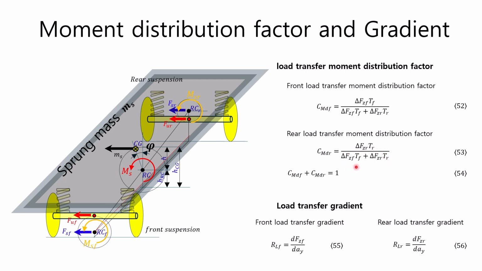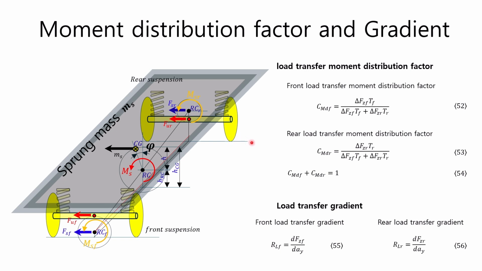When these front and rear wheel load transfer moment distribution factors are added together, it becomes 1, as shown in equation 54. The front or rear wheel load transfer moment factor represents the ratio at which the total load transfer amount is distributed to the front or rear wheels.